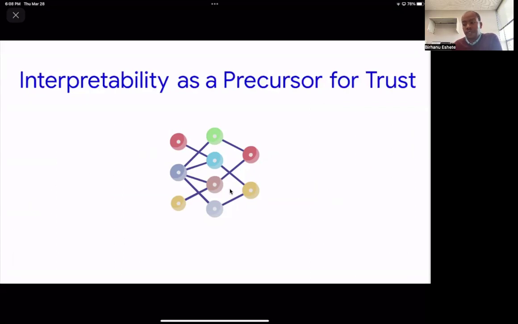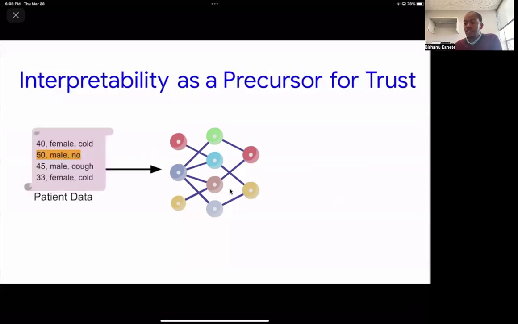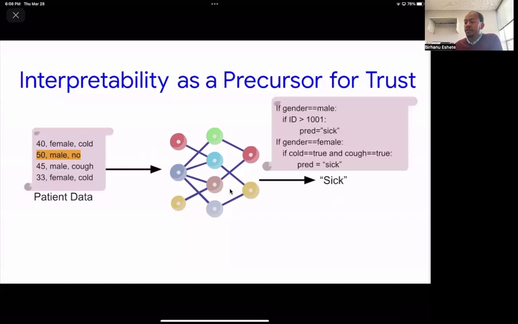Another important use case for interpretability is that interpretability could serve as a precursor for trust. So suppose you have a model in the medical domain which consumes some vectorized version of patient data, and then it produces an output which says the person is sick or not.